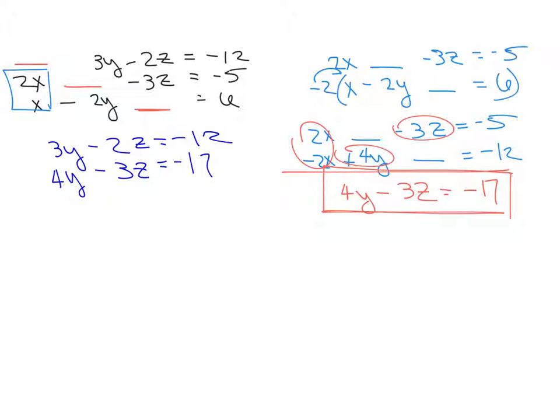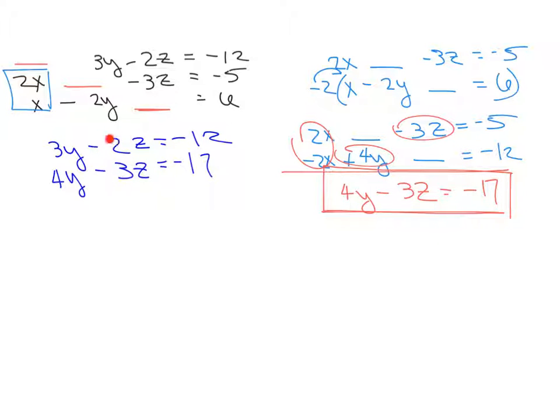Okay, so now I'm going to combine these two. So I'm either going to get rid of my y's or get rid of my z's. Doesn't really matter which one. Let's get rid of the z's. The numbers are smaller in front of there. So the number that's common to both the 2 and the 3 is a 6. So I need to make this a 6 and this a 6.